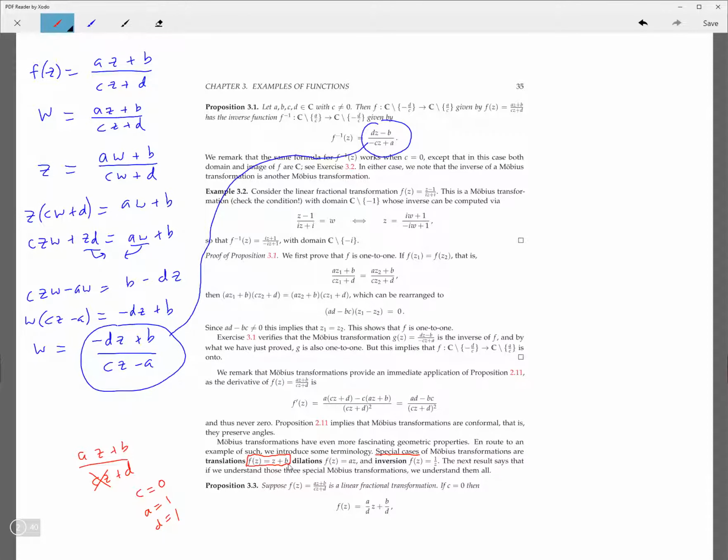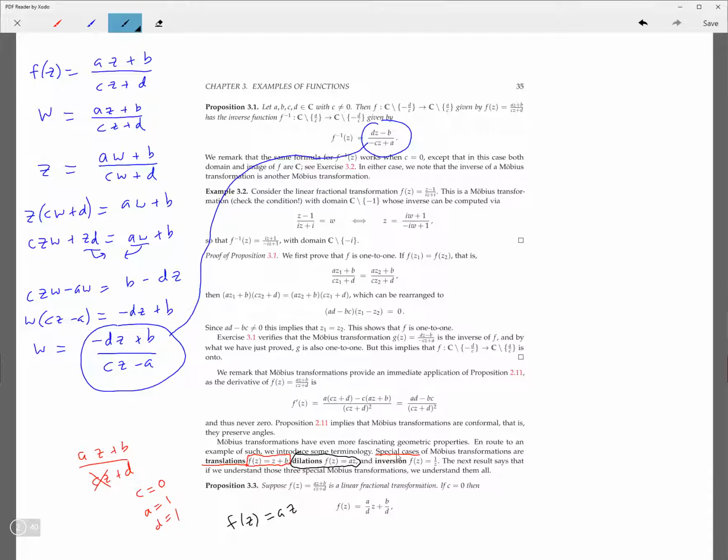And then here's another case. So this is translation. Another case would be dilations. This is where you're multiplying by a z, so az. In this case, you could make b and c both 0, and then make d 1, and you'll get az.